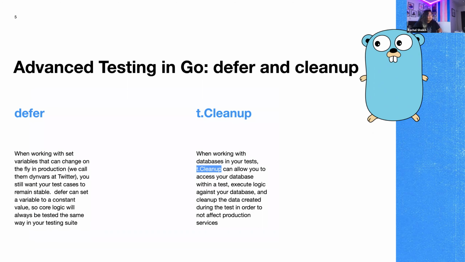And defer and cleanup. So at Twitter, we have these things called dyn vars. You might have something called differently at Twitch, but basically these are variables that we can set in our code that are stored also in Dynamo in AWS. And so we can change them on the fly while code is still running. Say you're building a feature in production and you want the ability to turn it on and off in case it starts creating panics in production.